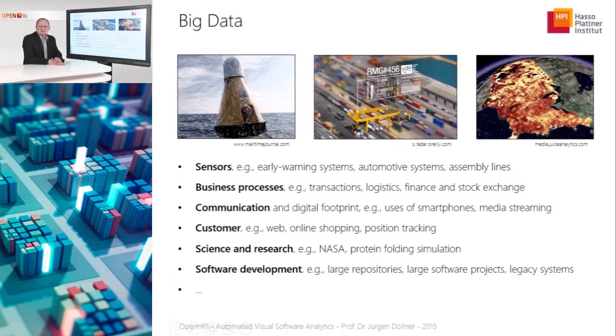In communication and digital footprints, we find big data as well, for example, in the context of smartphone usage or media streaming. Also, in customer-related applications, we get large amounts of data, for example, from online shopping or position tracking of customers.